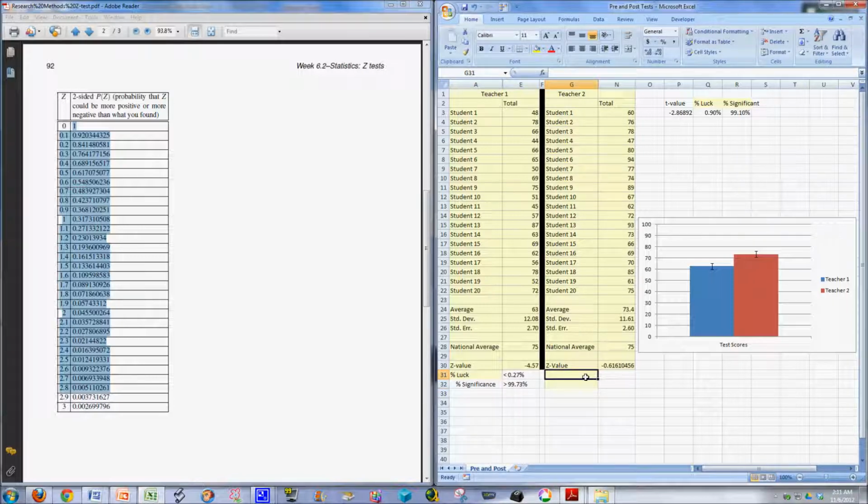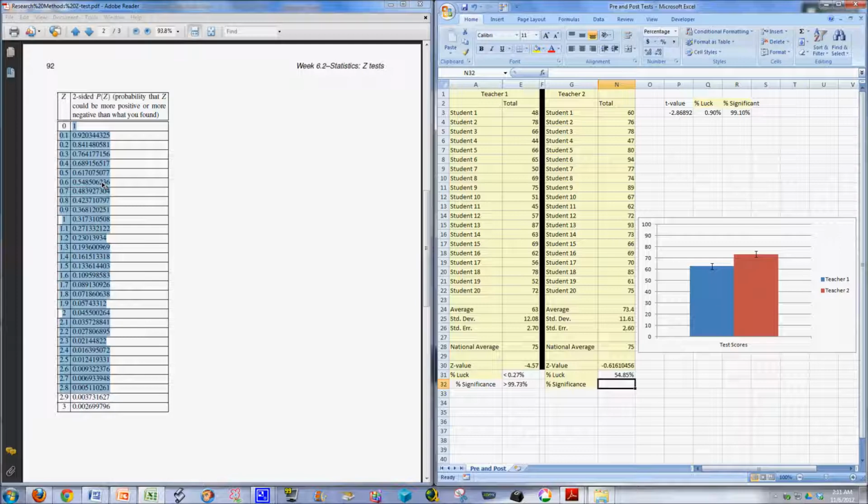Alright, and let's do the same for this one. Now, for this one, our z value was 0.6, roughly. So let's say that our percent luck for this one is, let's see, for 0.6, 0.5485.